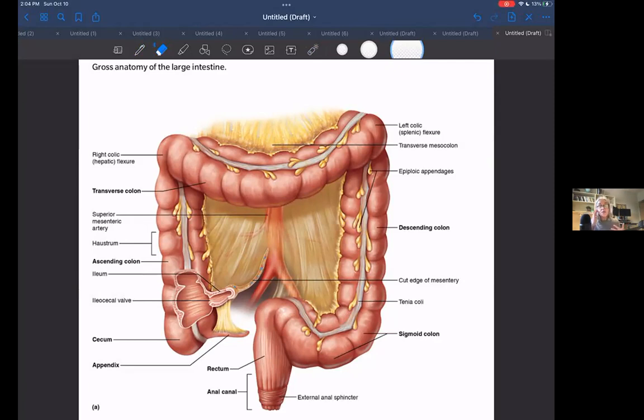So if your appendix is inflamed and at risk of bursting, right? You want to make sure you get to the hospital and they take it out before that happens. Okay, but the appendix is important because it fights off any bad bacteria that might be residing within the large intestine. So this is my cecum, and then we have the colon.